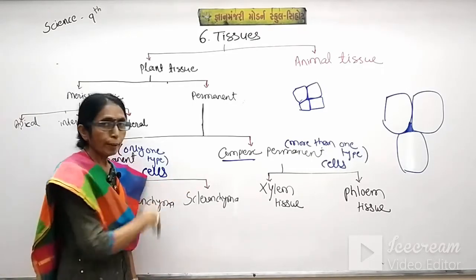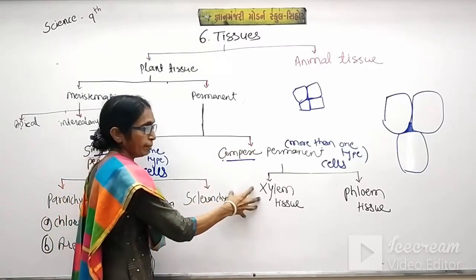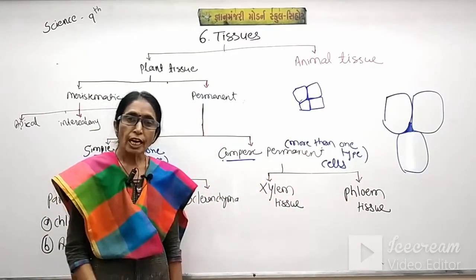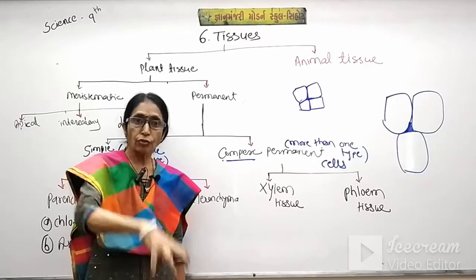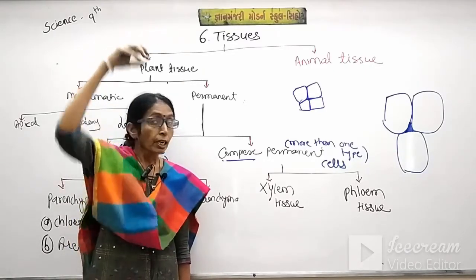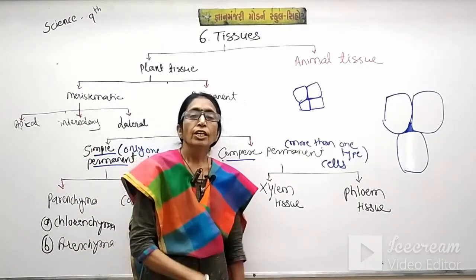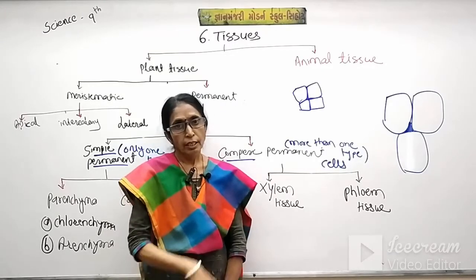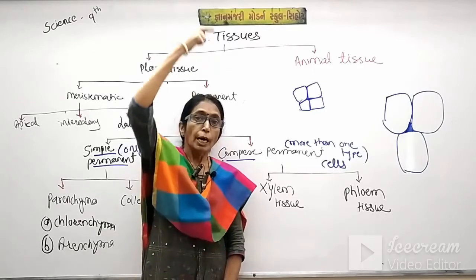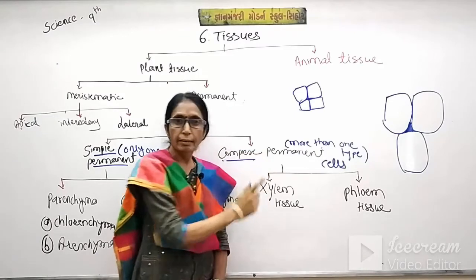Okay? And complex permanent tissues are xylem and phloem. Xylem tissue is responsible for conduction of water from the root to the upper part of the body. We know the root sucks the water from the soil, and it is transported to the upper part of the plant by which? By xylem tissue.